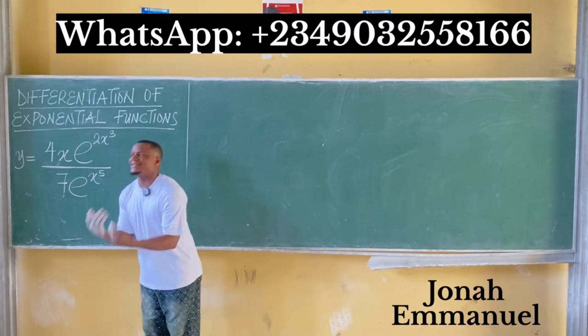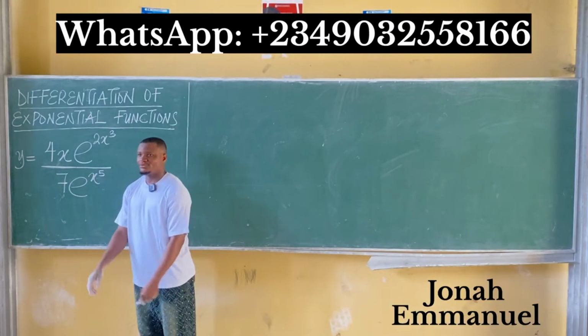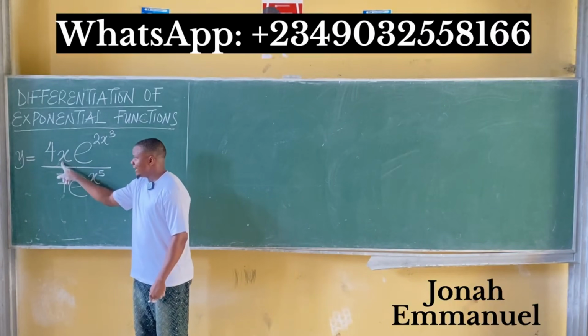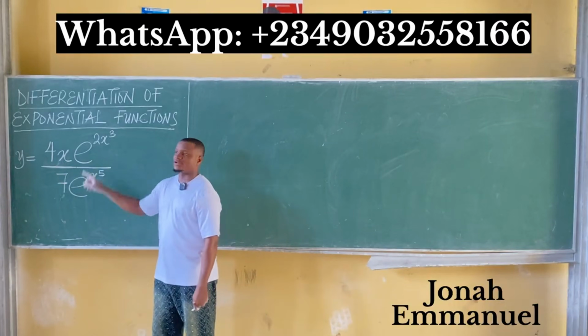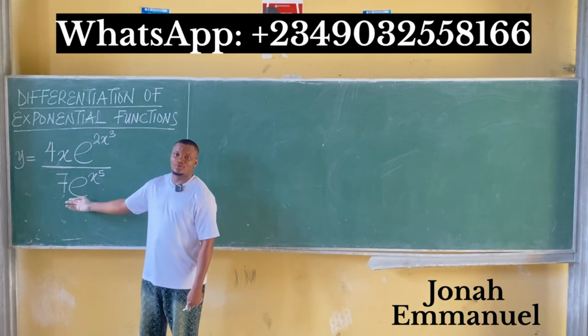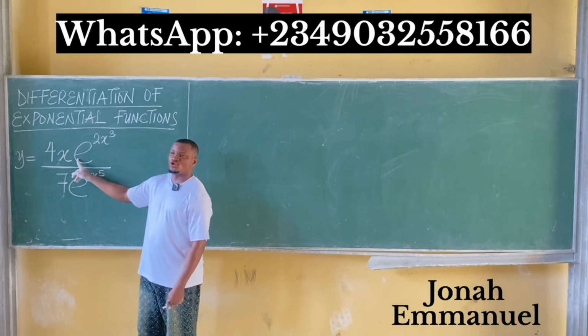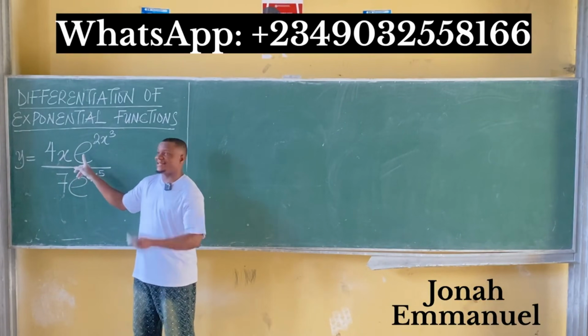Now, just by looking at this, to differentiate this, what do I have to use? Product rule. Why? 4x is multiplying this one. So I'll use product rule here. This one, will I use product rule? Yes or no? I said you use product rule here because you have 4x multiplying this.